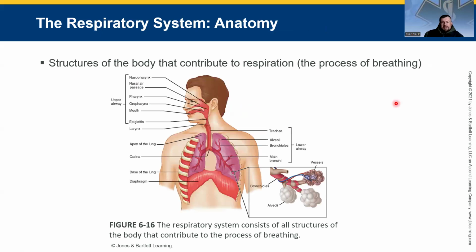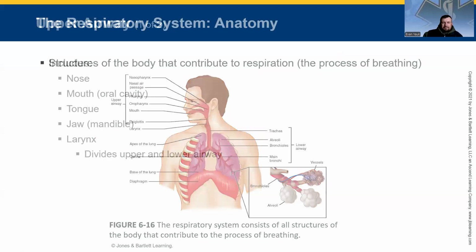Moving on to the respiratory system. Anatomy is the structure of the body that contributes to the process of breathing. As we go on into our respiratory chapters, we'll go deeper into this, but your upper airway and your lower airway, and then down through your bronchi and bronchioles into our alveoli, where oxygen is moved into the bloodstream and is cycled back to the heart and to the body.